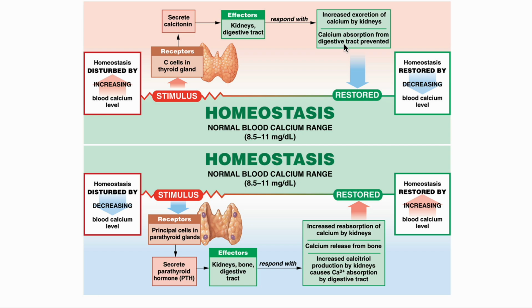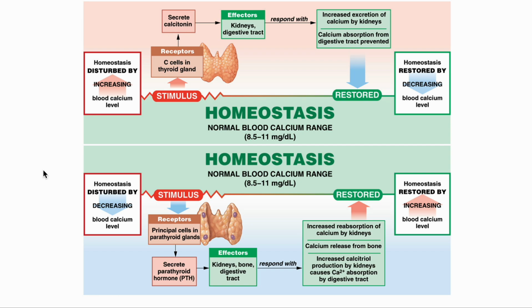So if we're not absorbing calcium and we are excreting calcium in our urine, the effect of that is that blood calcium levels will go down. And since our blood calcium levels were too high, that means we've returned our blood calcium levels to normal, and so we have restored homeostasis through the use of calcitonin.